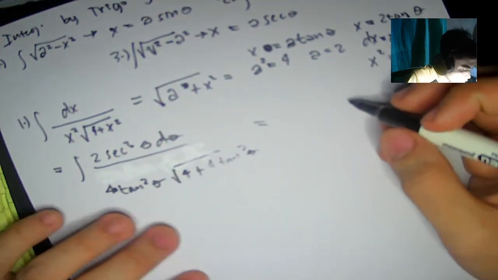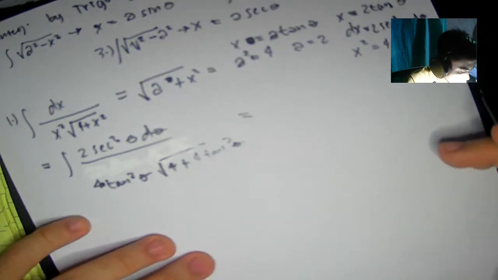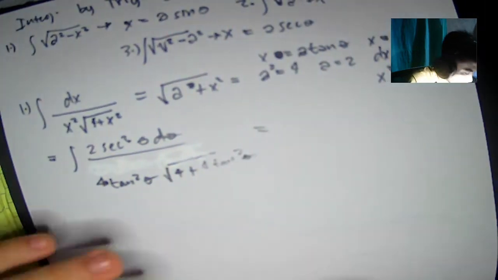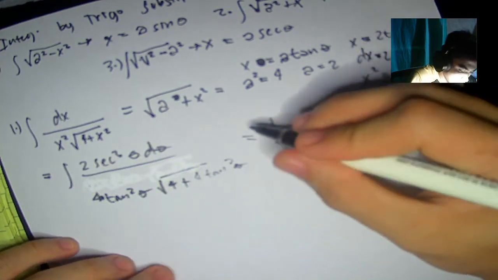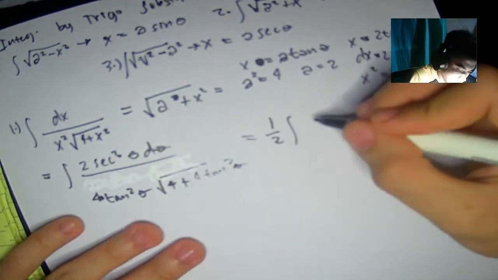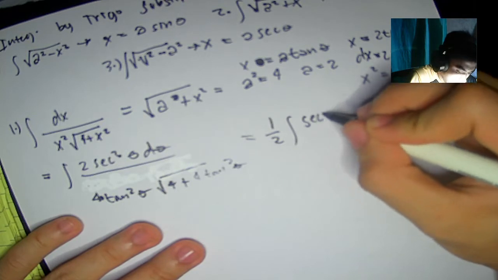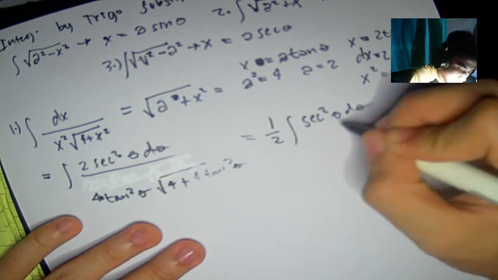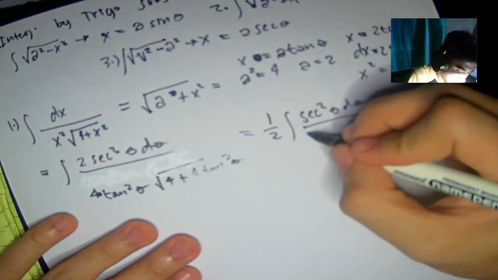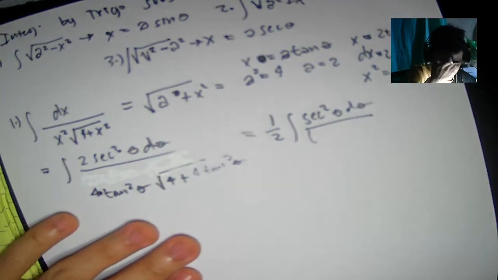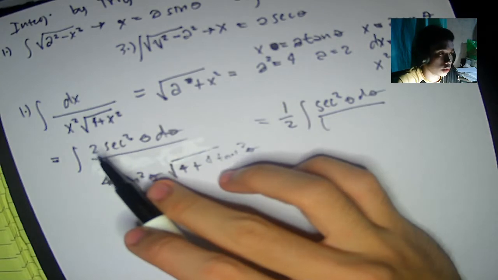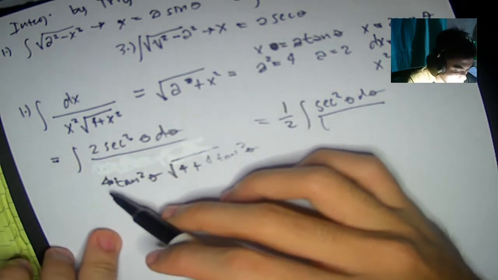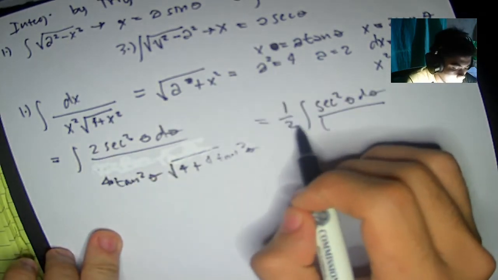So what's next? Let's take 2, so 1 half. Let's take 2 on the other side. So we have secant squared theta d theta over, when I took 2, it corresponds with 4 as a denominator, so we'll have 1 half.